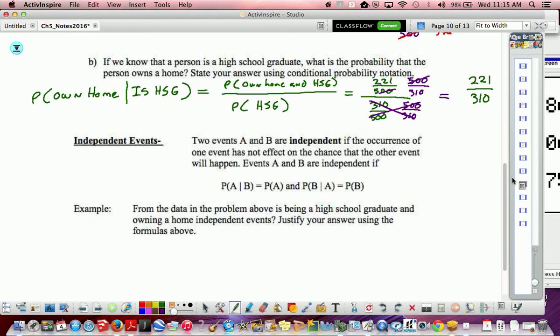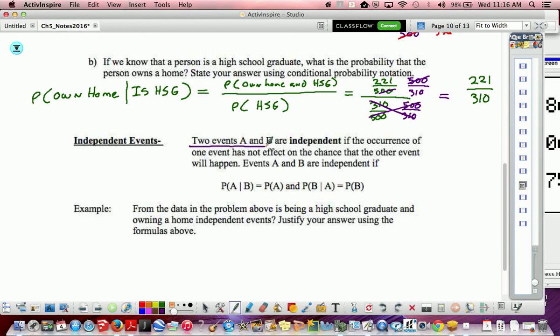The nice thing about conditional probabilities is you can also use it to show whether or not something is independent or not. So, the way you do it is this.